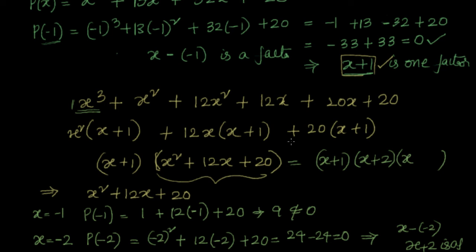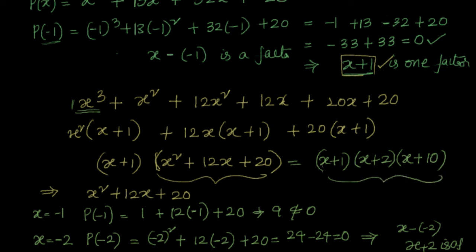And you see here, the term is 20. That means I have 1 2s are 2, 2 10s are 20. I will have 10 here. You can ask me why you haven't gone for minus 10, because you don't see any negative terms. All are positive. Since every term is positive, I should have x plus 10.